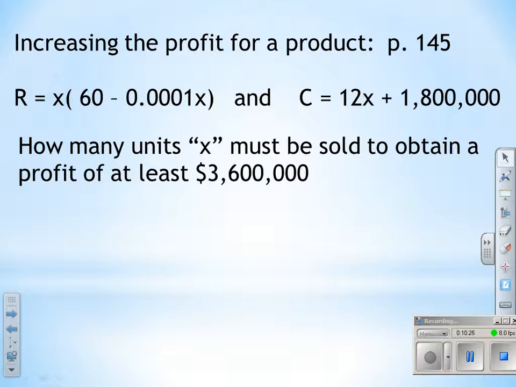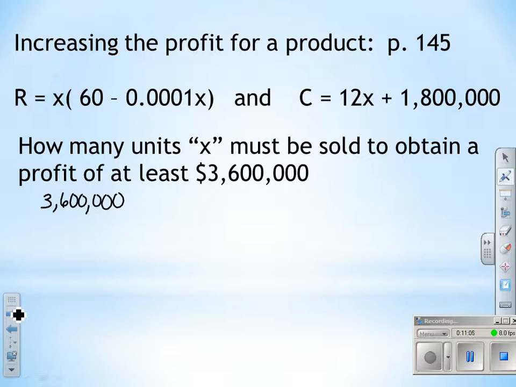So if we're trying to find a profit of $3,600,000, we've got to have the subtraction or difference between that revenue and cost to be bigger.